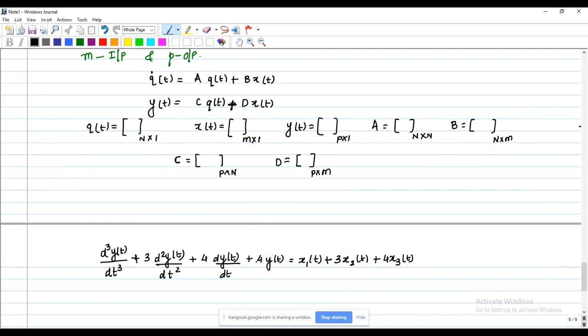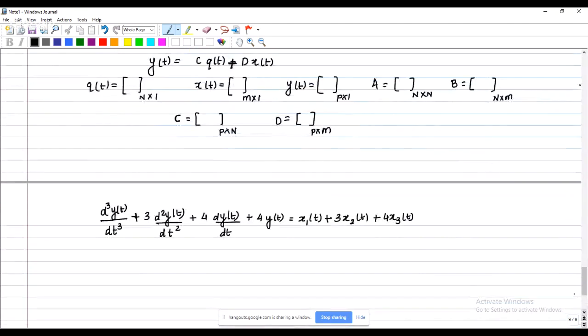So now we have three inputs, and this is the relation of input and output of a system.